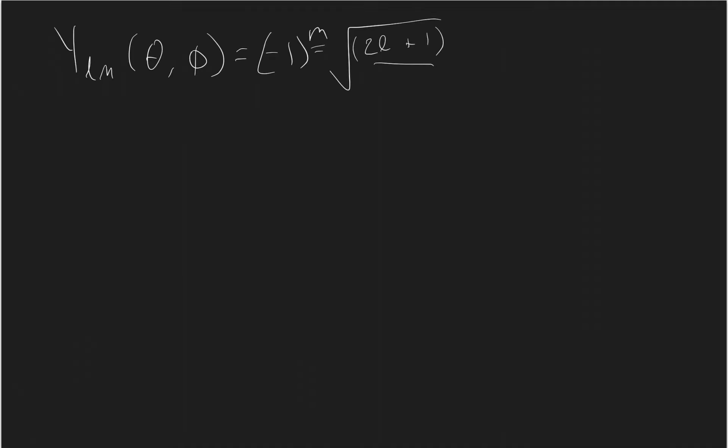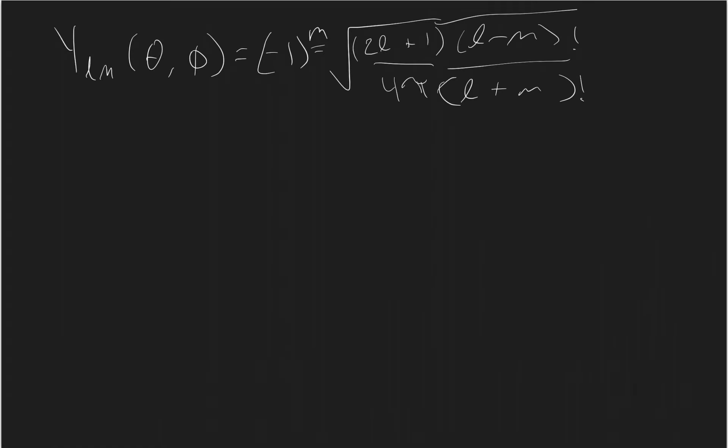I'm sorry, is it 2 pi or 4 pi? I don't remember. I think it's 4 pi, double check me on that, don't take that for certain. Times the difference of those eigenvalues, over the sum of those eigenvalues.